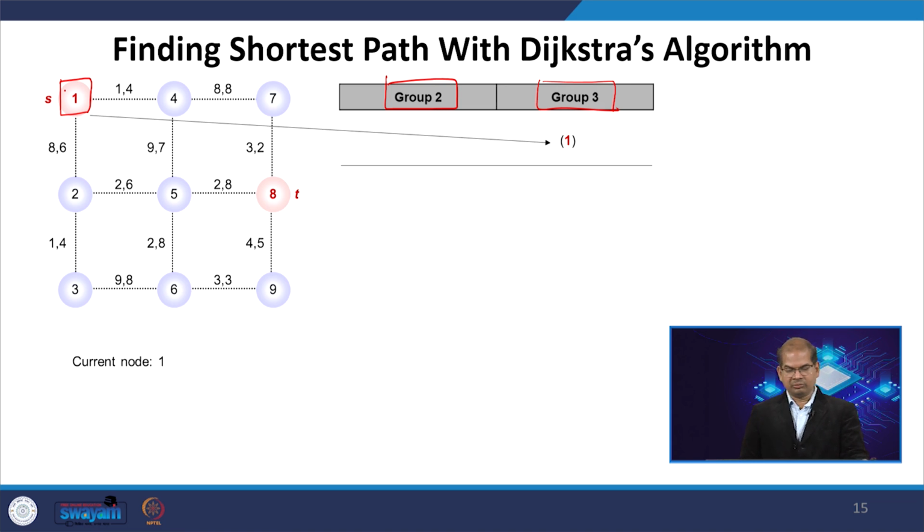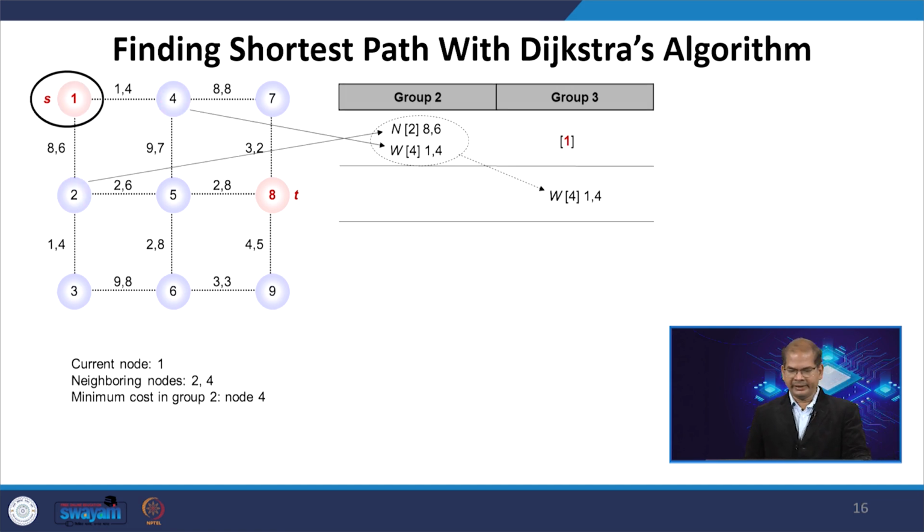Now, the source node will directly go to group 3, as I discussed in the algorithm, because its cost is 0. Distance from the source node to the source node is 0. So, it already found its shortest path, and it will go to group 3. Now, the adjacent nodes, basically the neighbors of the source node 1, are 4 and 2.